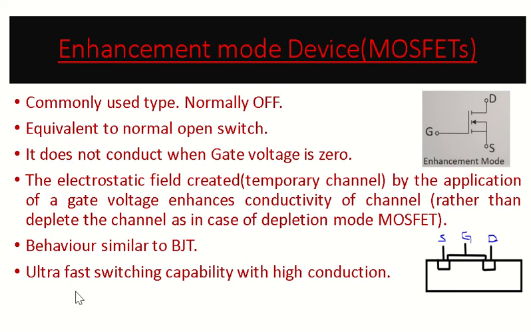I also highlighted one major advantage, ultra fast switching capability. Ultra means very huge, so very fast. So the switching capability is high, and also the conduction. I also said that a temporary channel is created here, and this is the symbol.